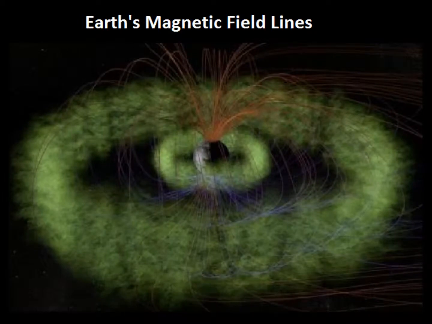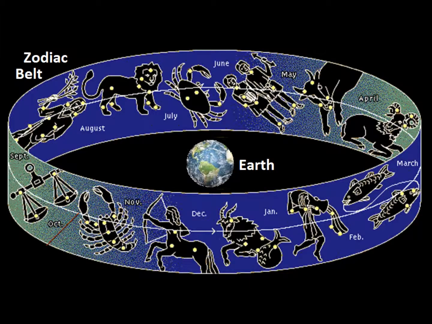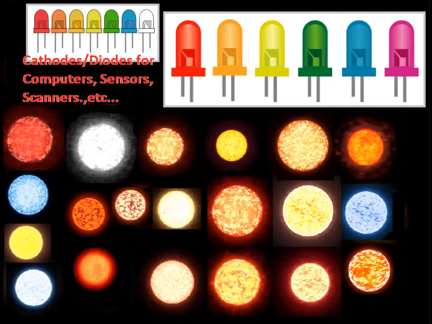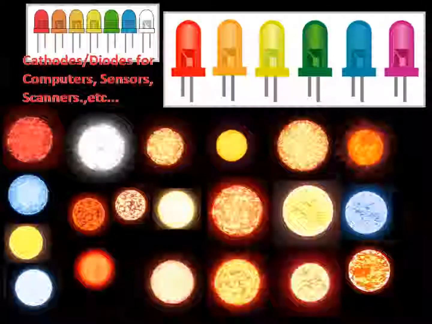The system of rings inside rings inside rings inside rings that are all electromagnetic include the zodiacal belt. The stars that make up the zodiacal belt produce the full spectrum of radiation.